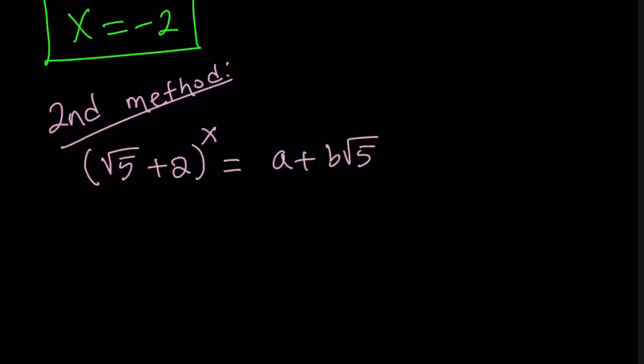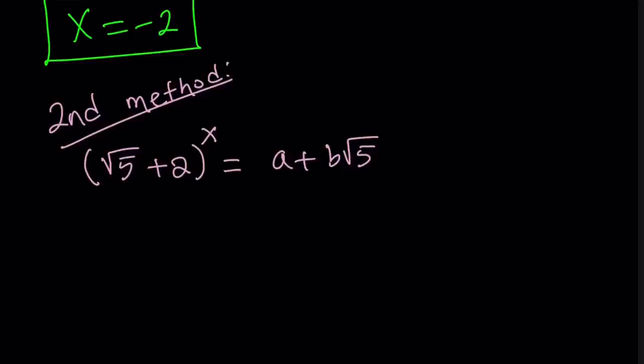So when you expand it with any power of x, where x is a positive or non-negative integer, you're going to get some integers, and you're going to get multiples of √5. And you can put them together, and you're going to get the following structure. Make sense?